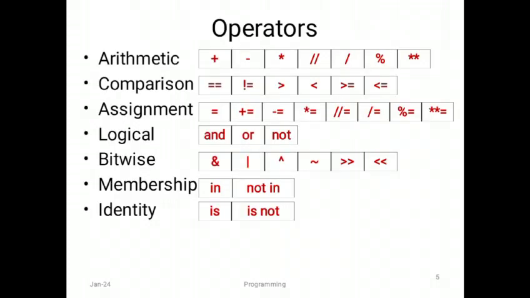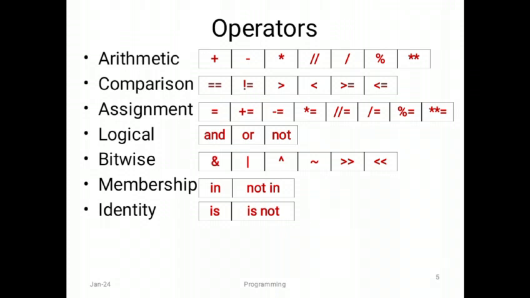Then operators in Python. The main operators in Python are arithmetic operators, for example plus, minus, multiplication, division, percentage, and asterisk. Then comparison: equal to, not equal to, greater than, less than, greater than or equal to, less than or equal to.